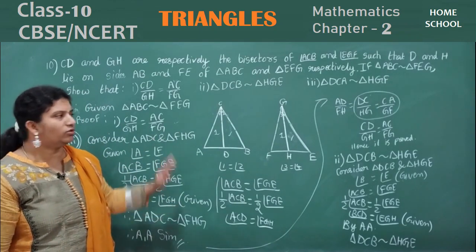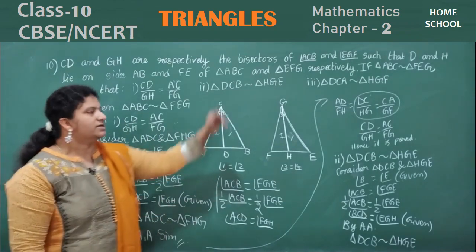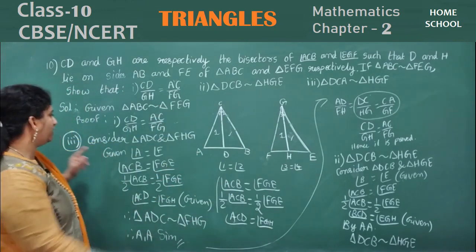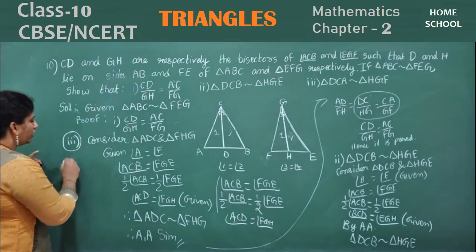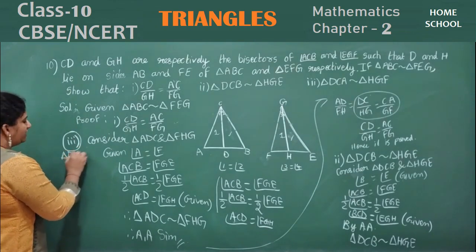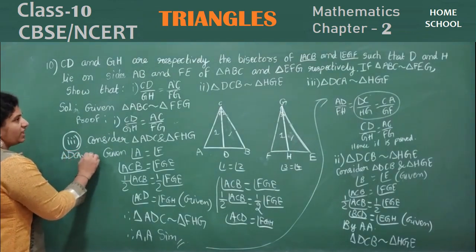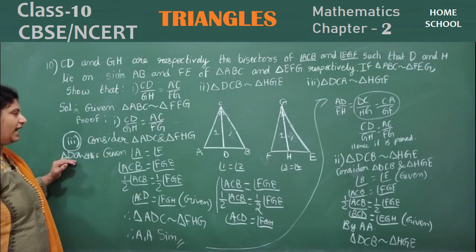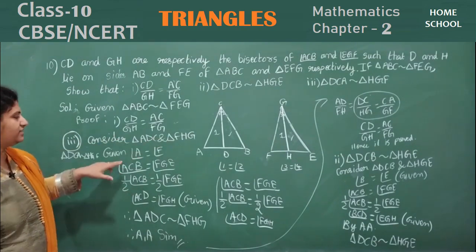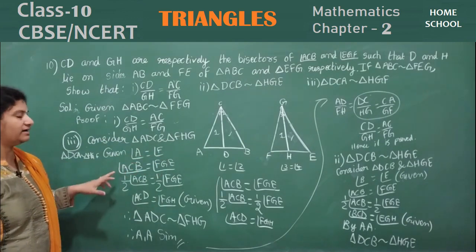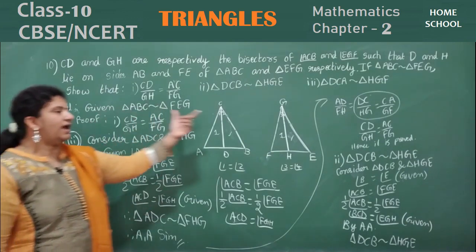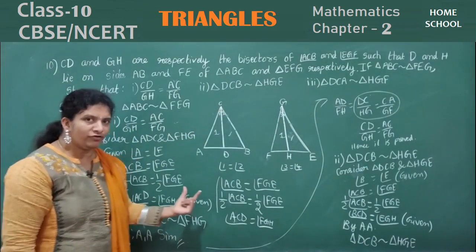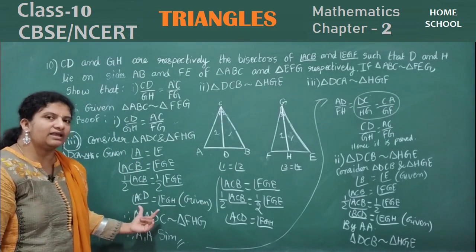So what you need to do? First you solve this. Second you solve that. Again take the third sub question. Look here, third sub question. What are you going to take? Triangle DCA similar to triangle HGF I need to prove. For that, consider the two triangles, compare the corresponding angles and say equal, and take the angular bisectors, half of it, and then say they are equal.